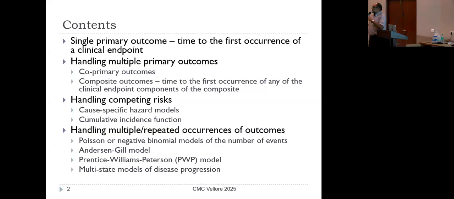Are you interested in its occurrence, yes or no, in a given 2-year, 6-month, or 5-year period? Or are you interested in delaying it, so that you want it to not occur quickly? Are you interested in the time to the occurrence of that clinical endpoint?